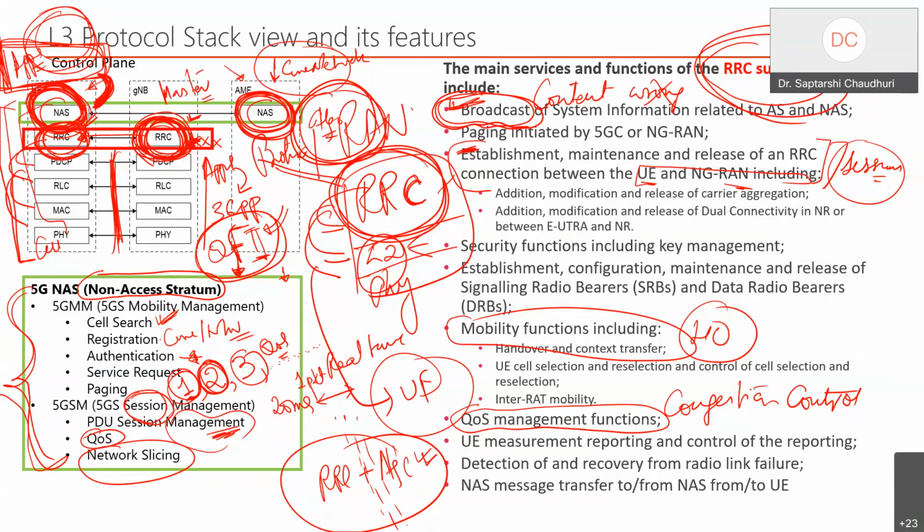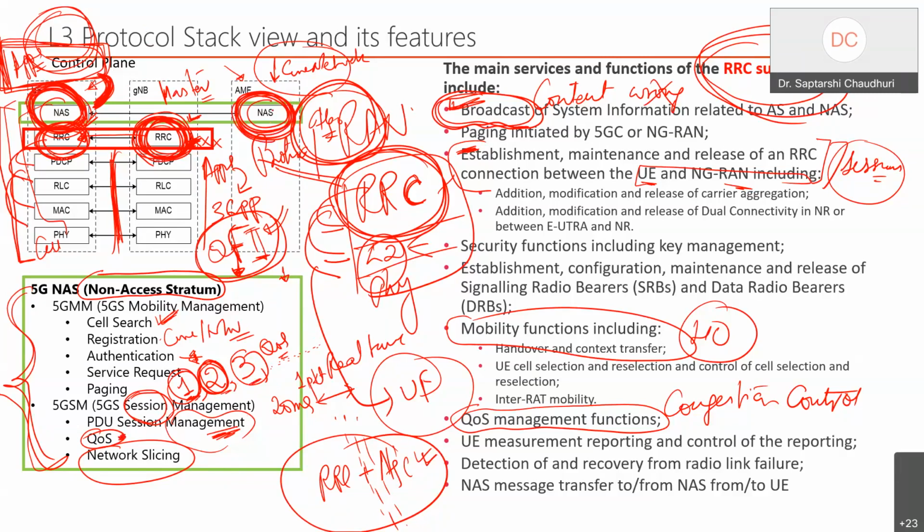And once the NAS guy knows the number that has been given for the services, he wakes up and knows what quality of service is meant for this, and invokes the AMF session.